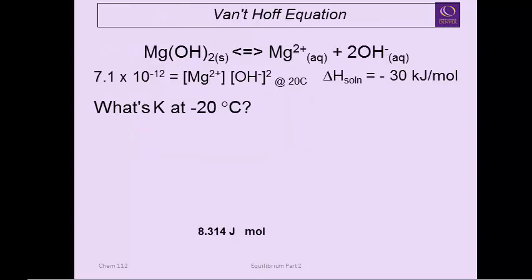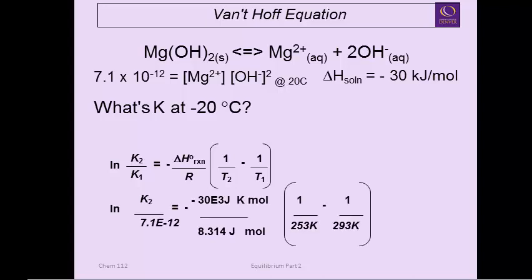All right, so let's apply this thing. What's the K at minus 20 C if you know that at 20 C the equilibrium constant is 7.1 times 10 to the minus 12? What would be the K if you cool it down to minus 20 C? So now we set this up. We use the Van't Hoff equation. We plug and chug, and notice what we do with our numbers.